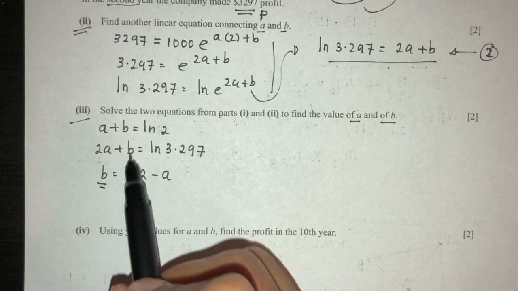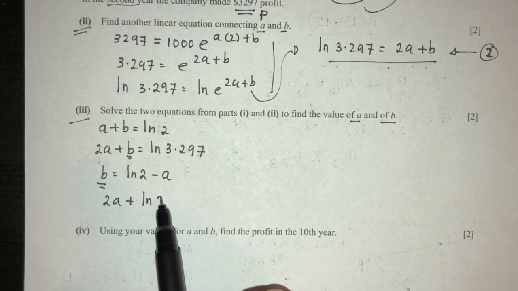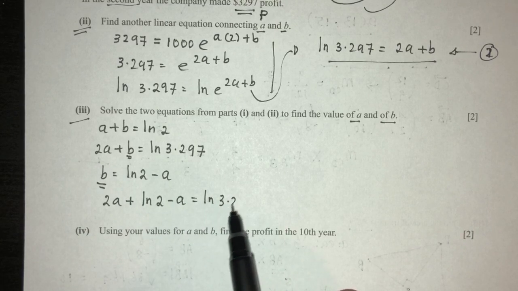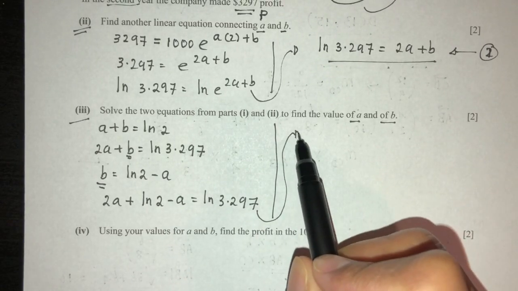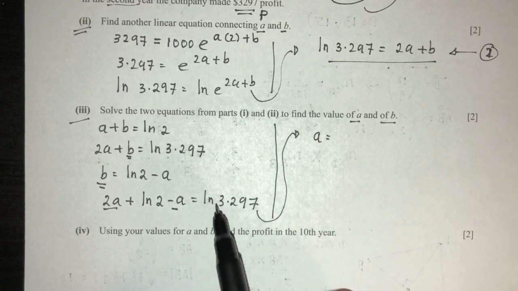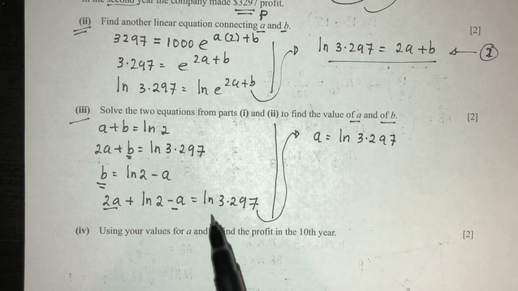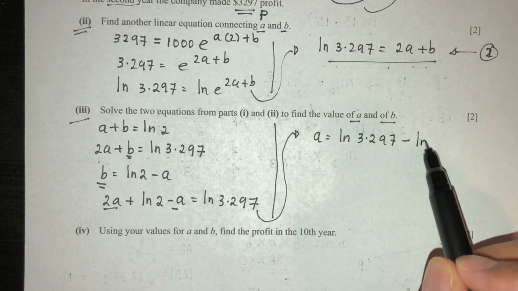Now replace this in this. You will have 2a plus b, which is ln 2 minus a, equal to ln 3.297. Okay, let's continue here. You will have 2a minus a, which is a, equals ln 3.297 on one side. Now we send this over, you will have minus ln 2.